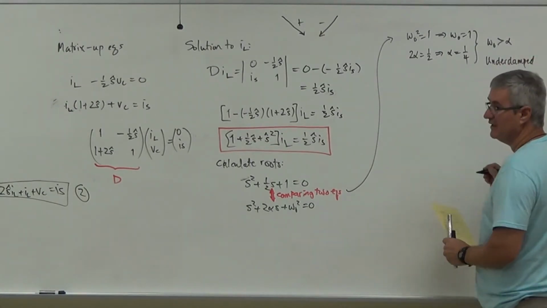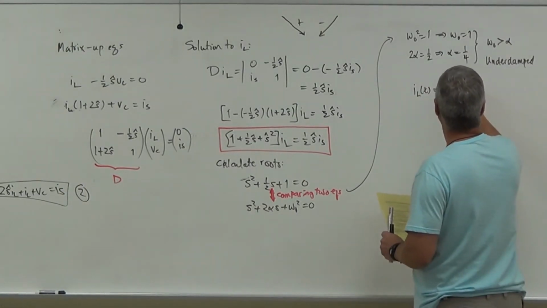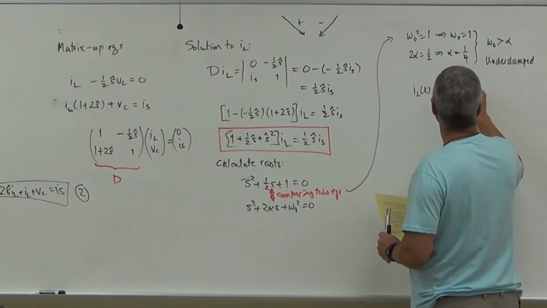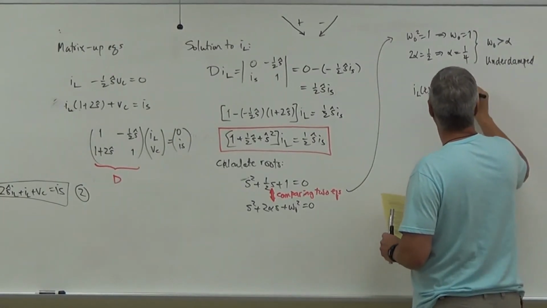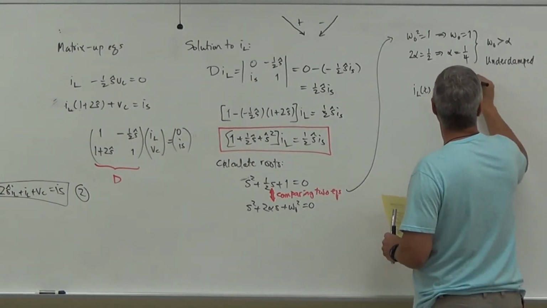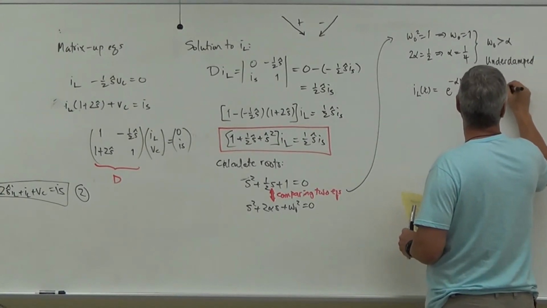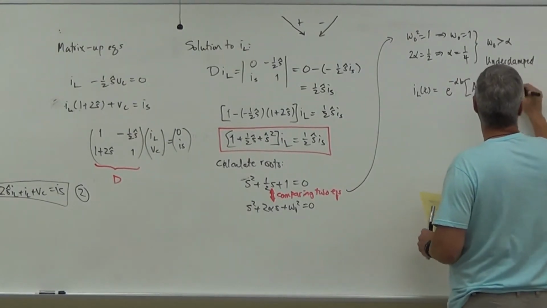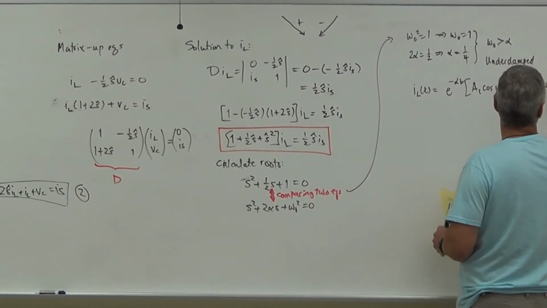And without even thinking about it, my solution for the current of the inductor now has to be what? It has to be e to the minus alpha t times A1 cosine omega d t plus A2 sine omega d t.